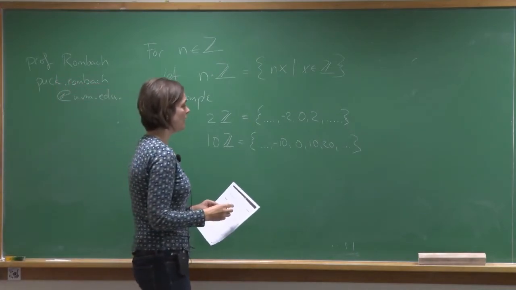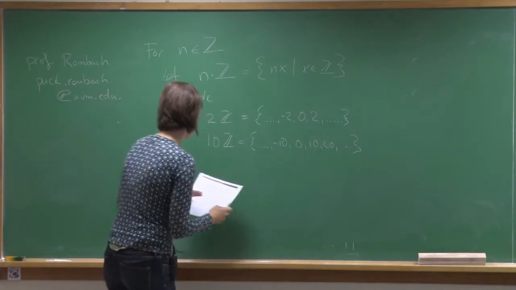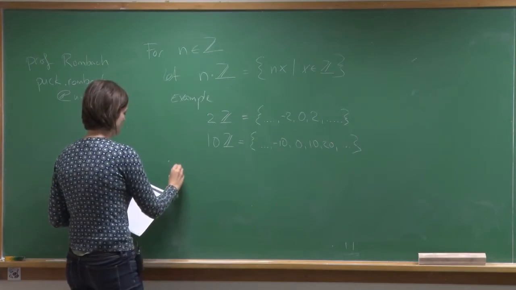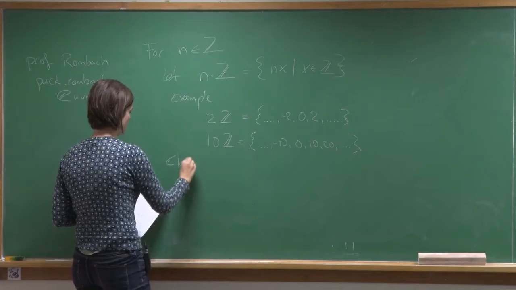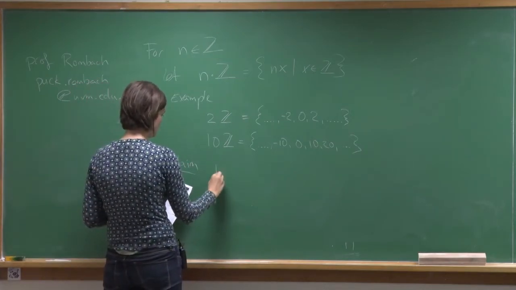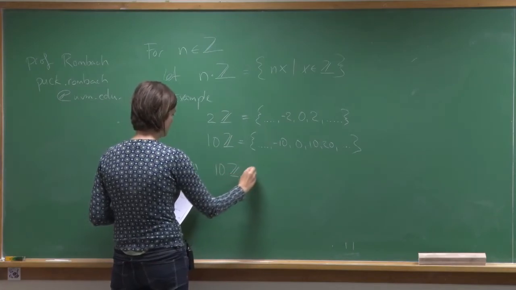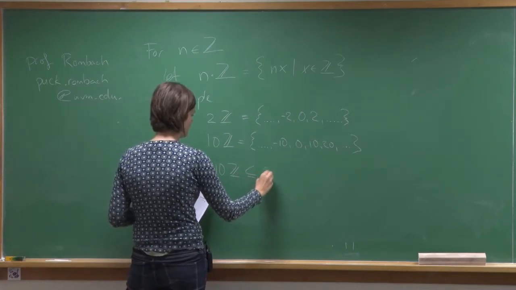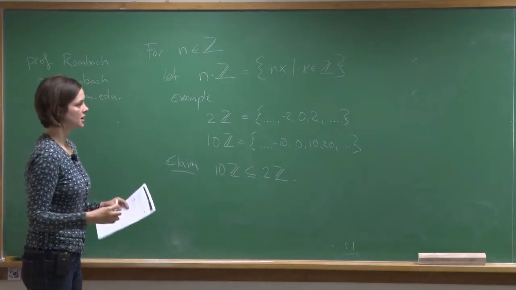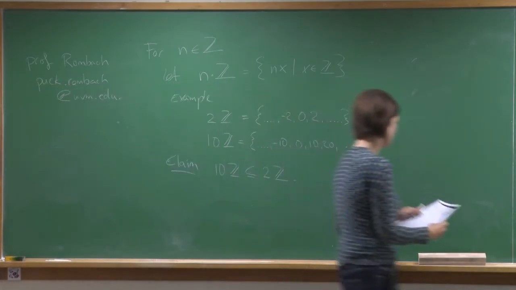So again, let's claim it seems natural to see that in this case, the multiples of 10 should be a subset of the multiples of 2. But we want to practice doing that rigorously.